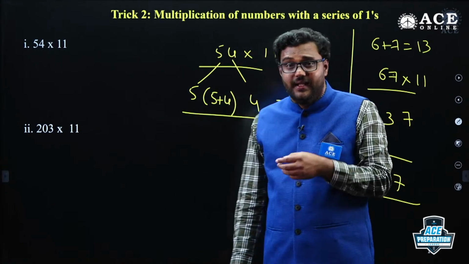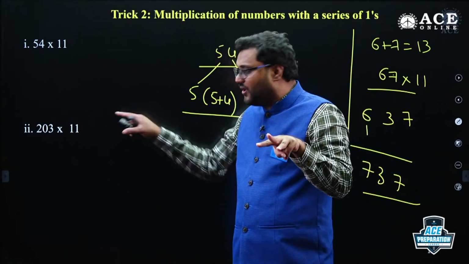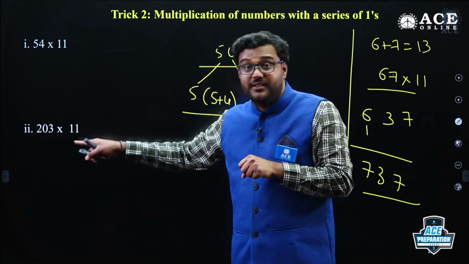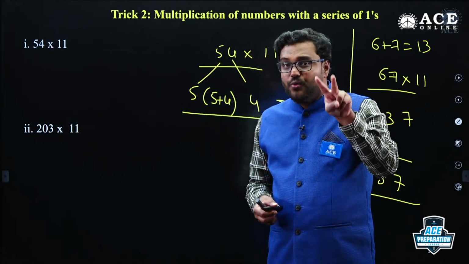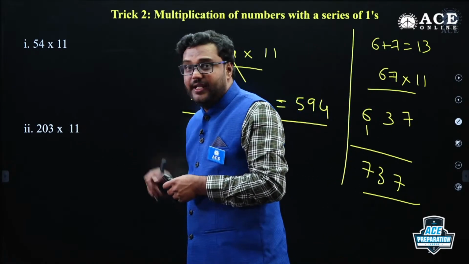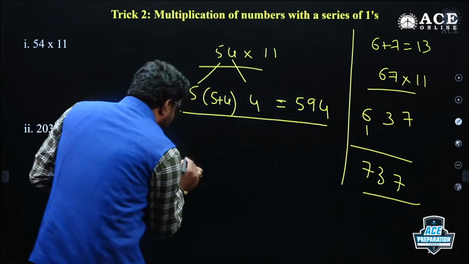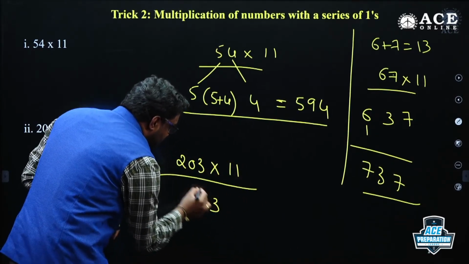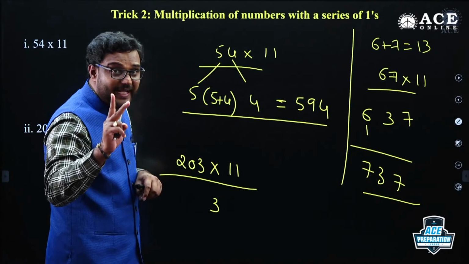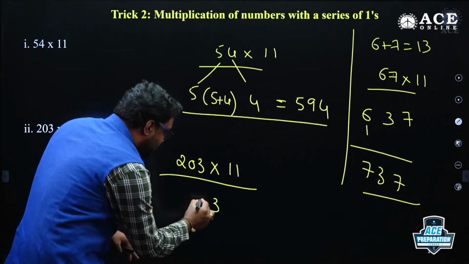You can see in the next slide, a 3-digit number multiplying with 11 also. Here you have 203 into 11. Maximum this can hold 2 digits. Now if you want to do 203 into 11, first put 3 here. Then 0 plus 3 is 3.